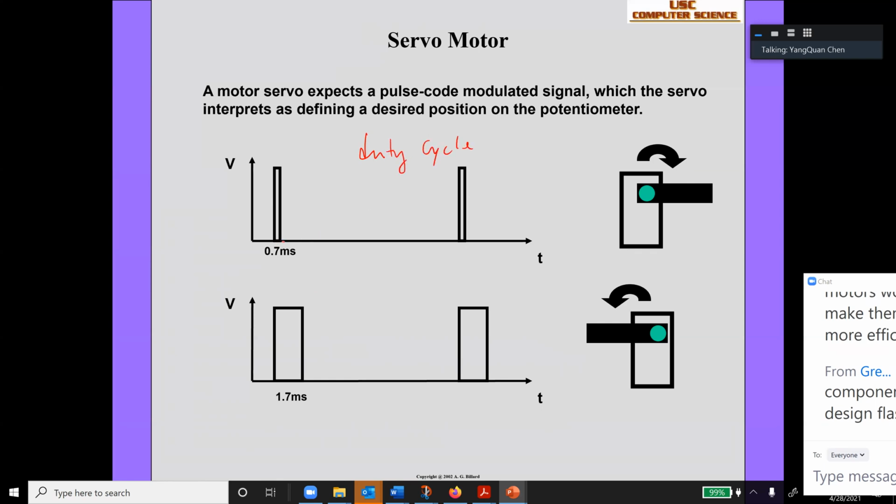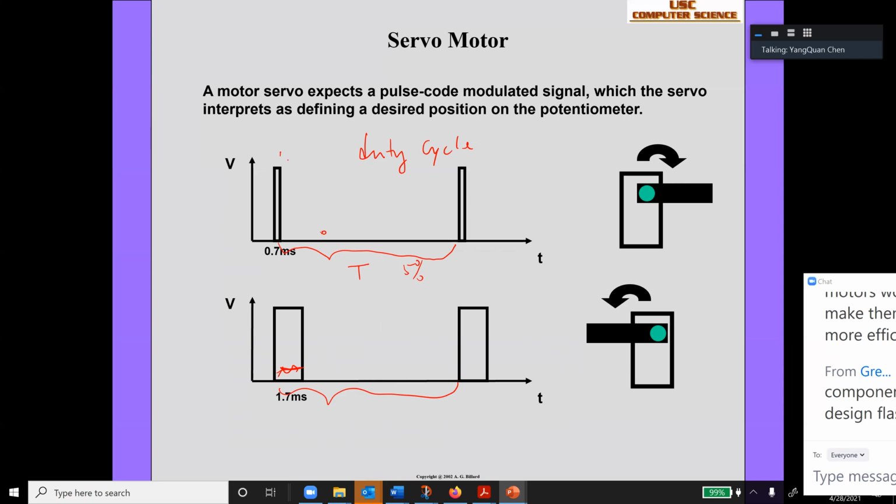This is the period, and this is the 1, and this is all 0. So there's a duty cycle. In this case, it is probably like 5%. This one is probably higher. So this divided by that is the duty cycle.